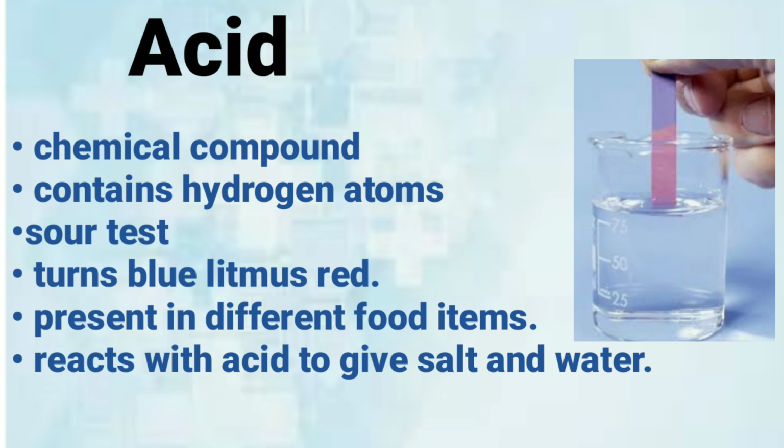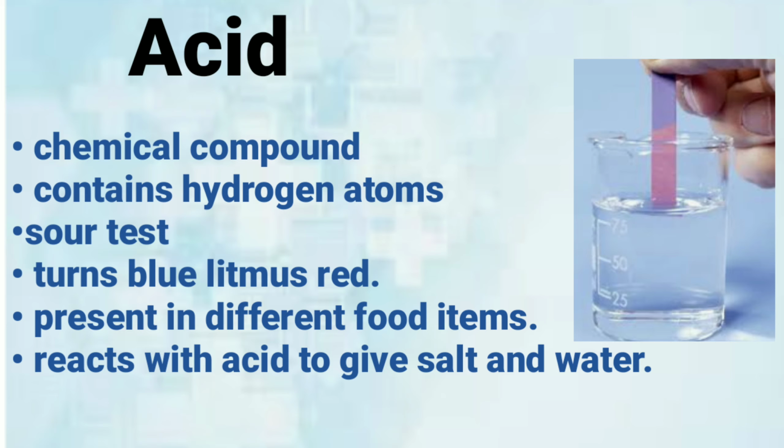Dear students, in the last video we have already discussed the three classes of chemical compounds, that is acid, base and salt. Acid is the chemical compound which has sour taste, contains hydrogen atom, reacts with base to give salt and water, and turns blue litmus paper red.